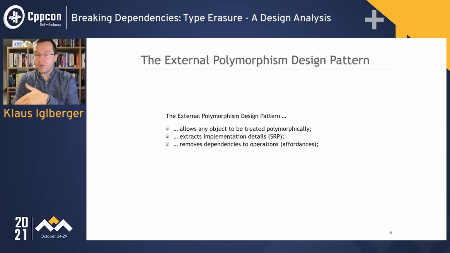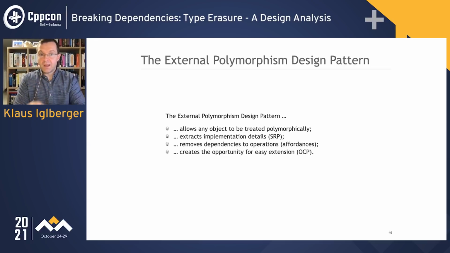Now, of course, you can expect member functions too, but that would ask for more coupling, of course. We create the opportunity for easy extension. We can now add a rectangle, an ellipsis, easily. We don't have to add anything to them, or we can even use third-party code. This might just plug in very quickly.